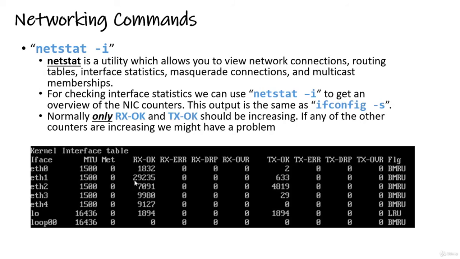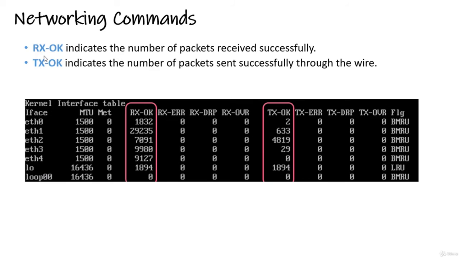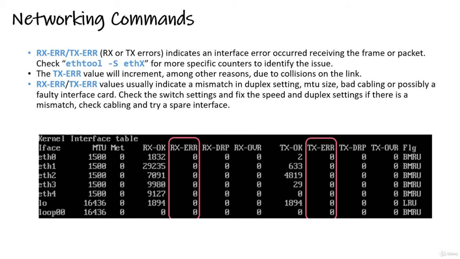So look here, we have RX-OK, TX-OK. OK means OK, right? Receive, transmit. So RX-OK indicates the number of packets received successfully. TX-OK, the number of packets sent successfully through the wire. If it's increasing, it's absolutely fine. The packets flow through the interface. Everyone's happy. All right.